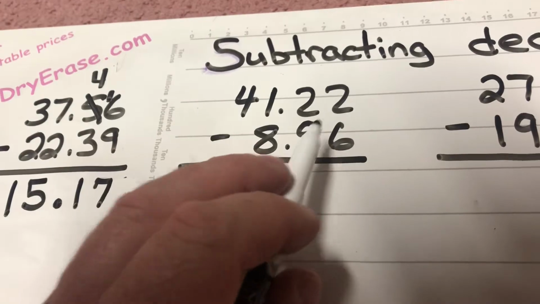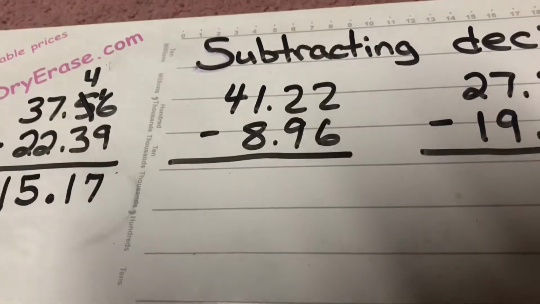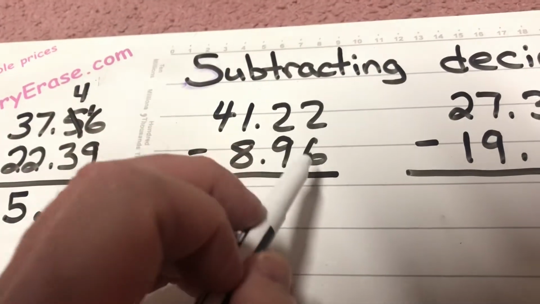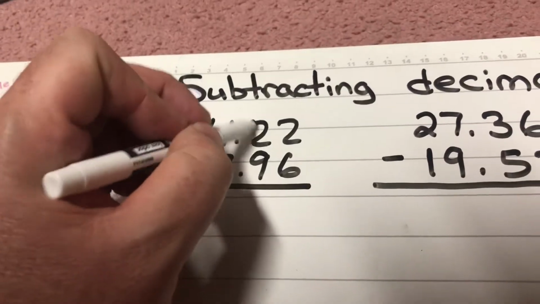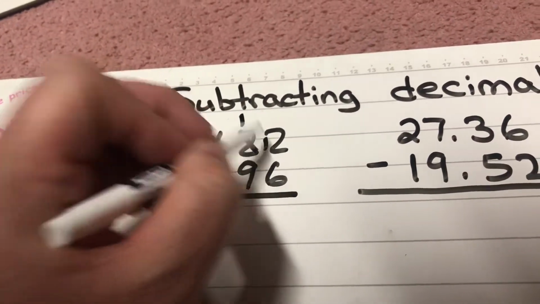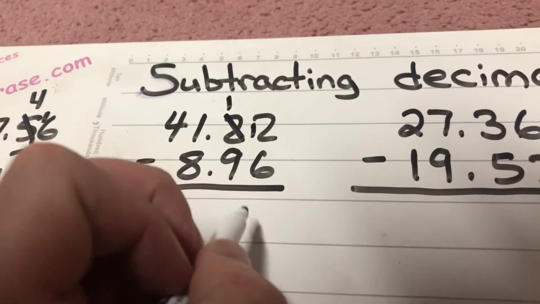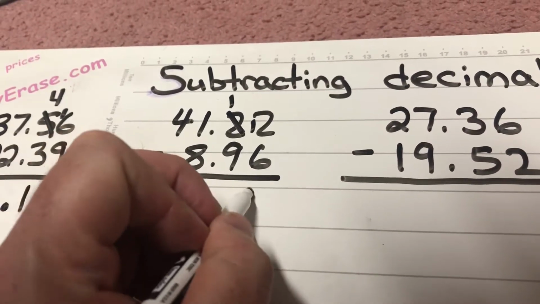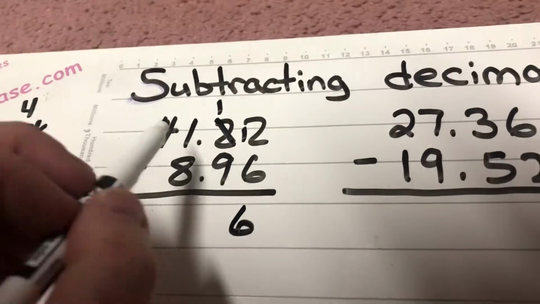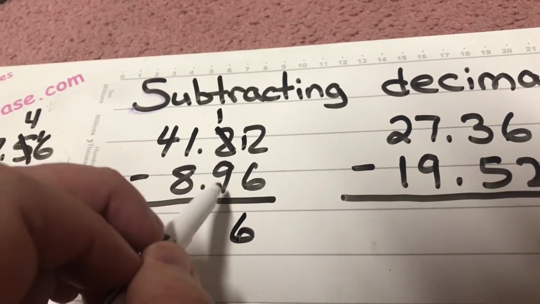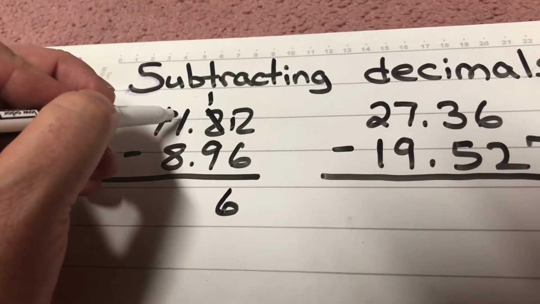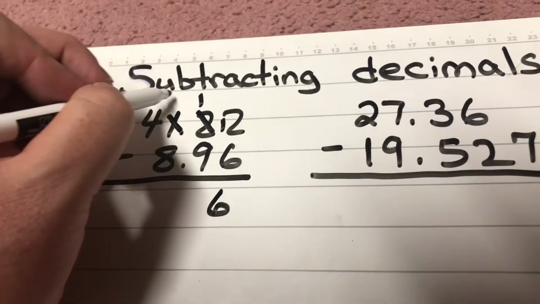Look at number 2. 41 and 22 hundredths minus 8 and 96 hundredths. Well, I can't do 2 minus 6, so I'm going to borrow from the 2, make that a 1, make that 2 a 12. Then I'm going to have 12 minus 6, and 12 minus 6 is 6. Then I'm going to have 1 minus 9. Now, I can't do 1 minus 9, so I'm going to borrow 1 from that one.